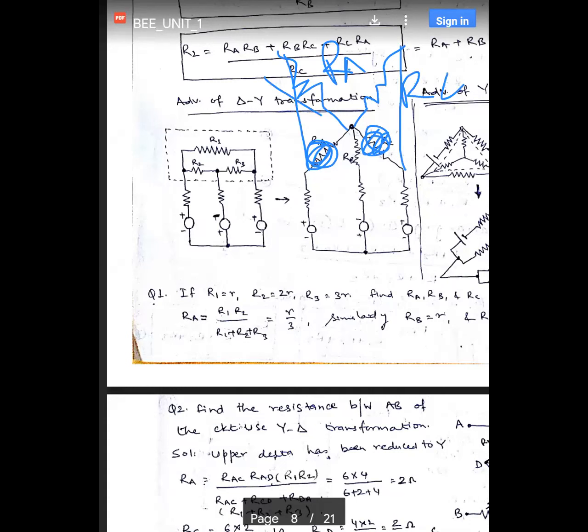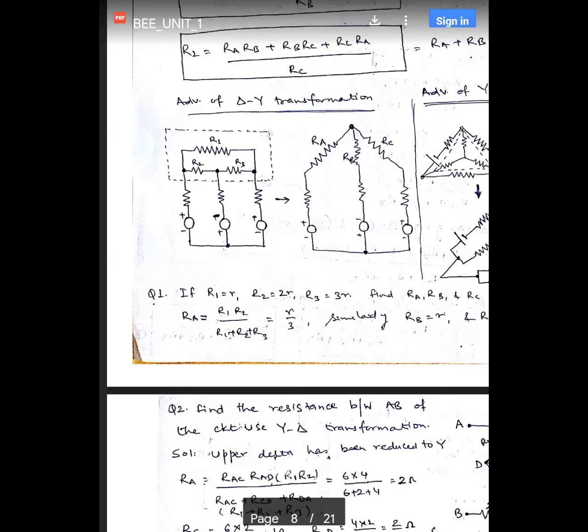Because now you can see the shape of star. It is the same as earlier. In the earlier diagram also, this common node was connected to this resistance and this battery source in series. Now also it is connected with this resistance, and this resistance is in series and connected with the battery source. So it is just a matter of perception.